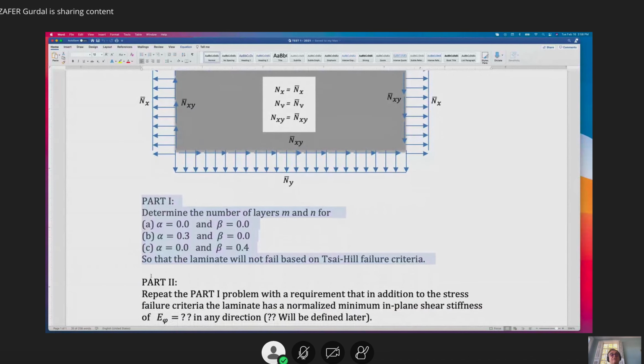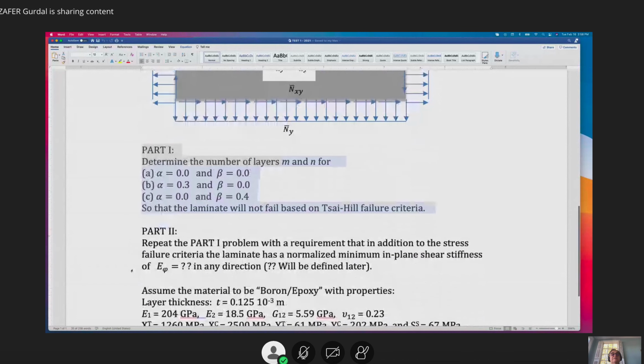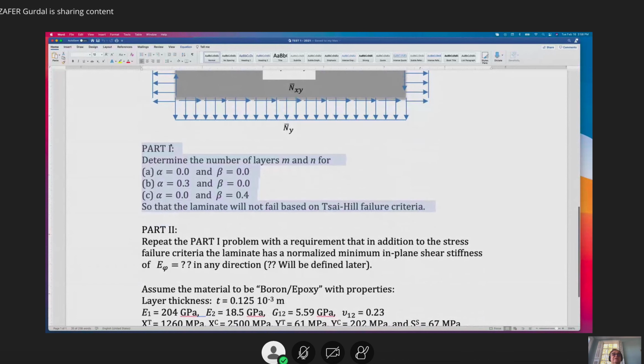then we will have part 2, where in addition to the Tsai-Hill failure criteria, we're also going to have a requirement that E sub phi, in any direction around 360 degrees, the minimum in-plane shear stiffness, should be greater than or equal to some value.